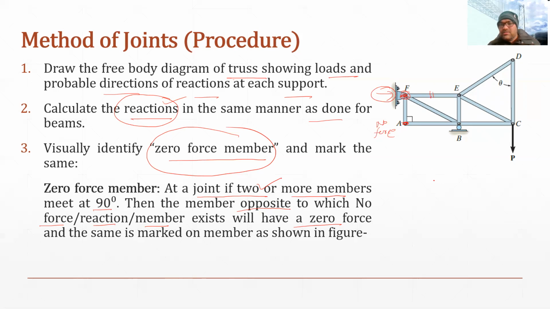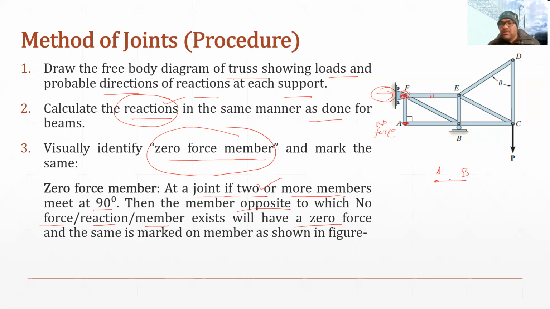I will draw this joint separately. This is joint A and this is member AB. Opposite to this will be the left hand side, and you can see there is no force, no reaction, no member.